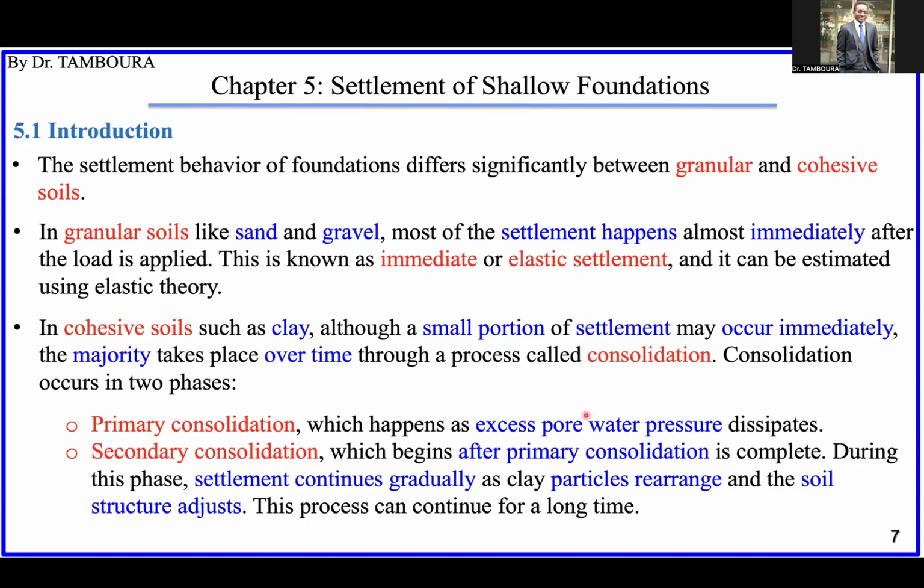So in cohesive soil like clay, we have three types of settlement: the settlement that occurs immediately after loading, which is elastic settlement, primary consolidation, and secondary consolidation. But for granular soil, we have only the elastic one. And the elastic one in cohesive soil is a really small portion.